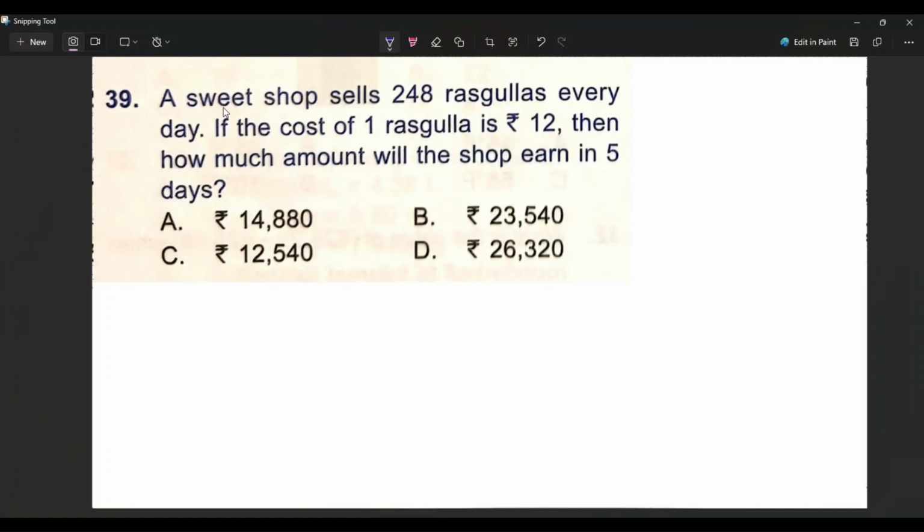39th question. A sweet shop sells 248 rasgullas every day. If the cost of one rasgulla is rupees 12, then how much amount will the shop earn in 5 days? So first, write rasgulla as R, children. So 1 R is equal to rupees 12.